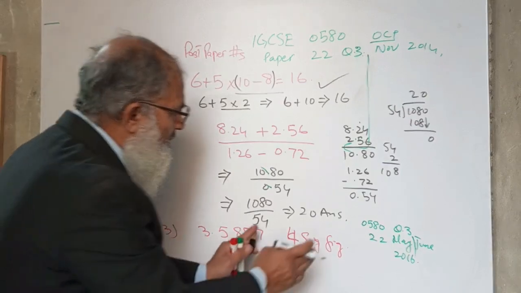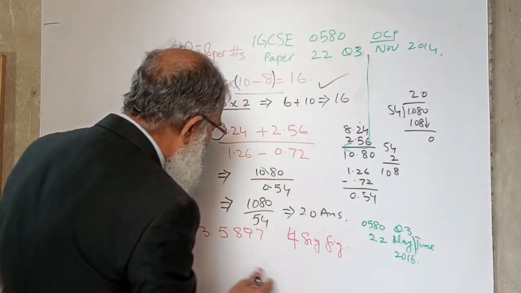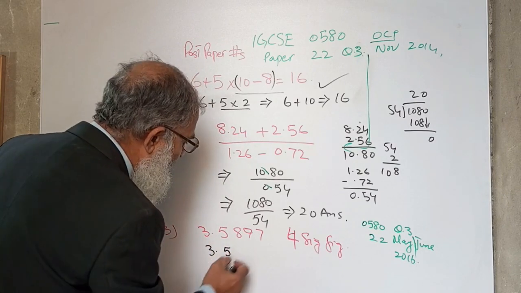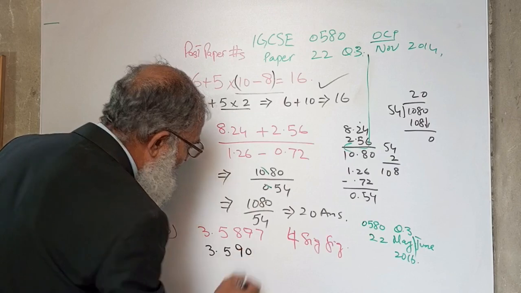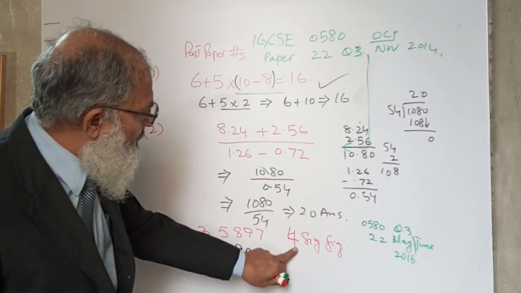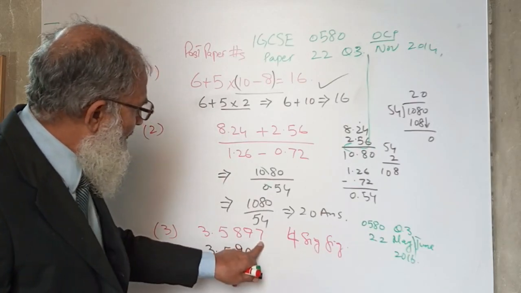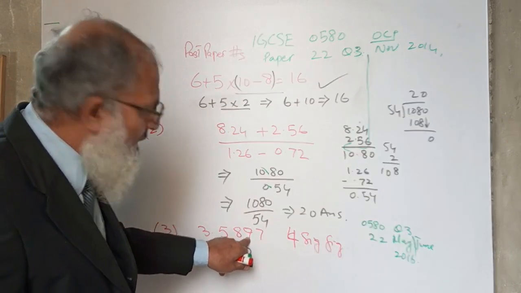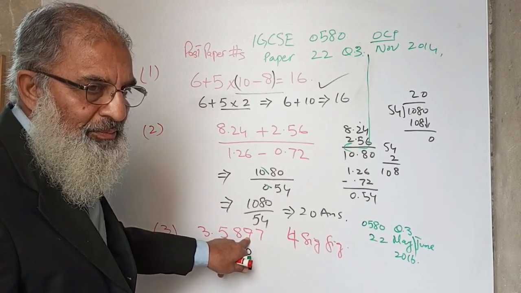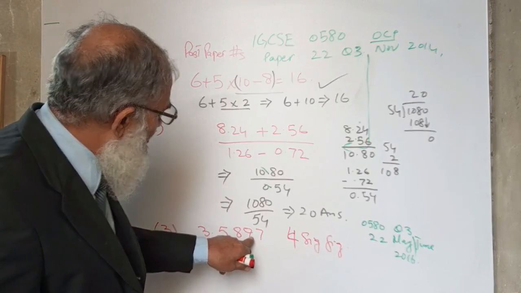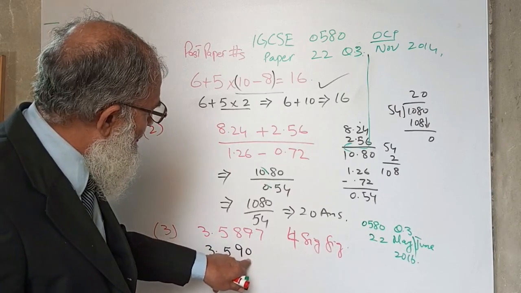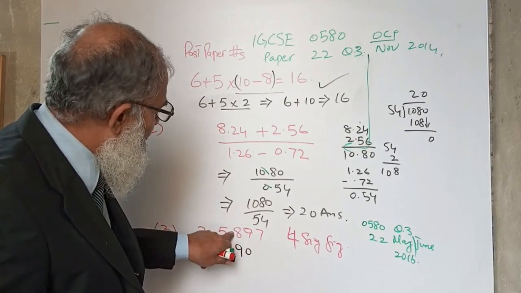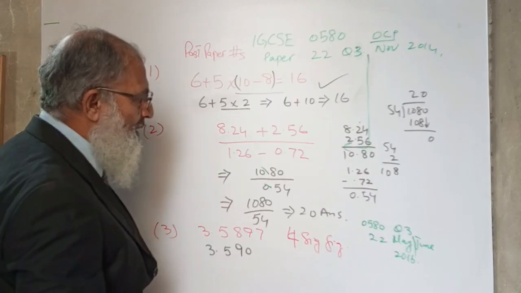Since we have to find 4 significant figures, it will become 3.590. When we change this to the next higher position, it will become 0, and the 9 carries over. It is very simple.